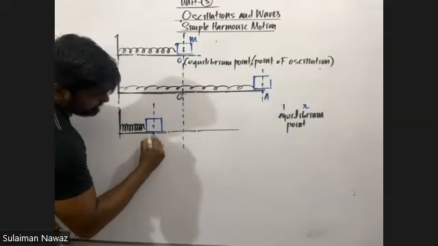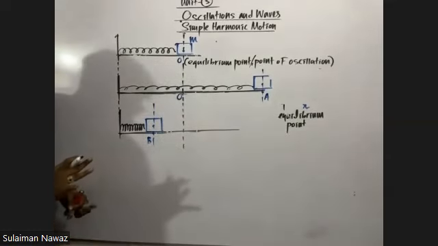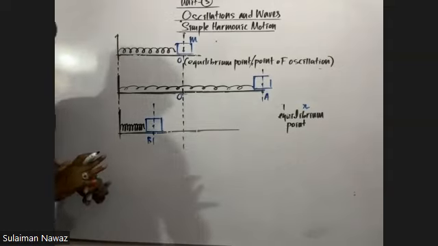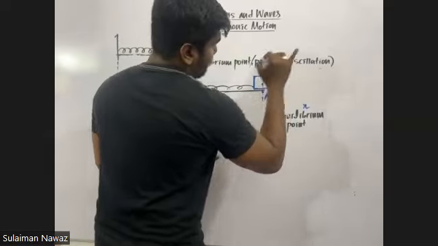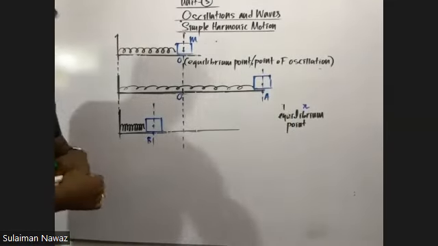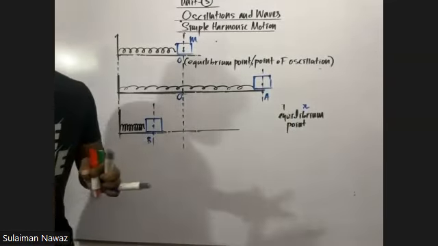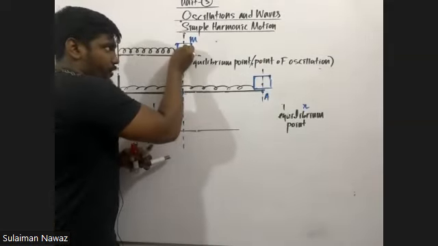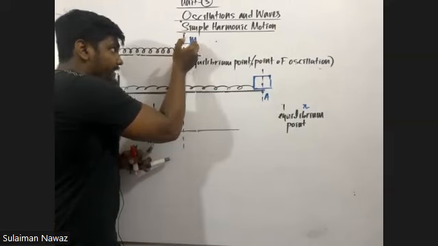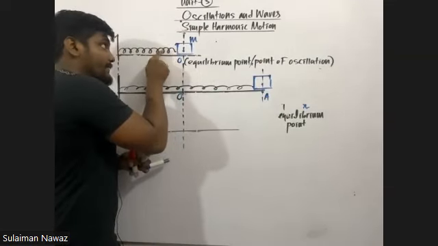Very carefully listen to what I'm explaining. An object of mass m is connected to a spring.